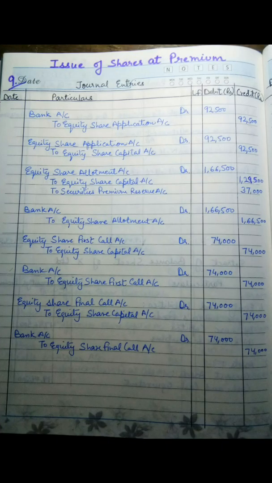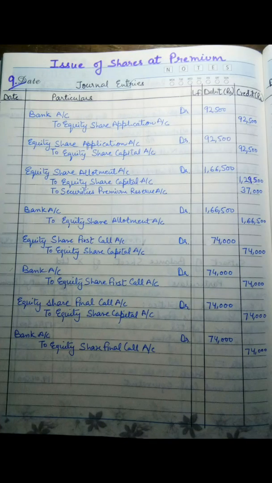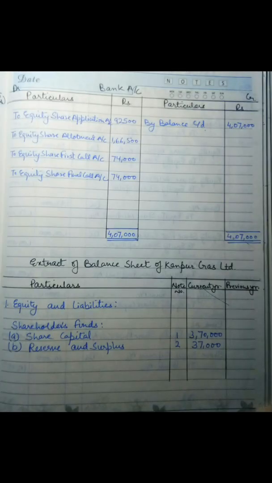Similarly, after that, the sixth one, you can see bank account debit to equity share first call. The same entry has been written here too, to equity share first call account, 74,000. And the final entry, that is bank account debit to equity share final call. So here also on the debit side, to equity share final call account, that is 74,000.